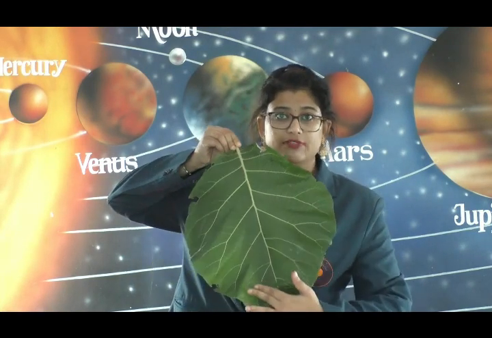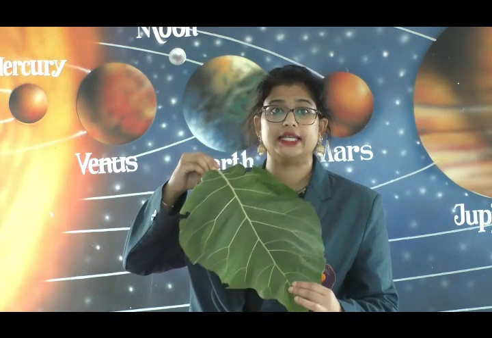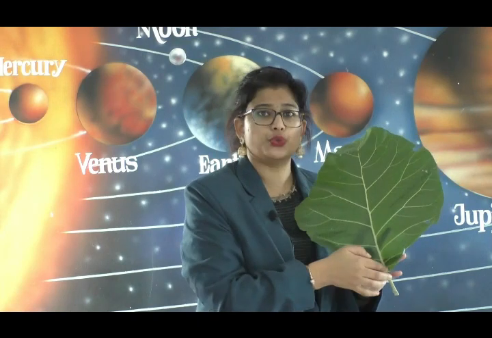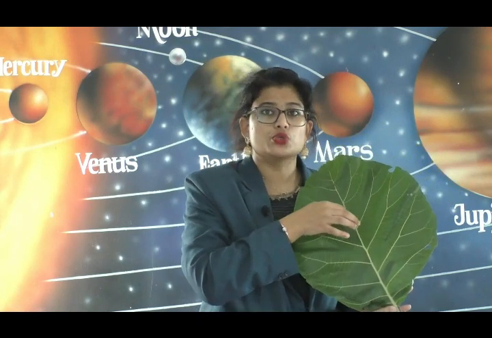The flat part of the leaf is called the leaf blade. Look here, this is the tip of the leaf, called the leaf apex. There is a thin tube which runs through the middle of a leaf called the midrib or main vein.